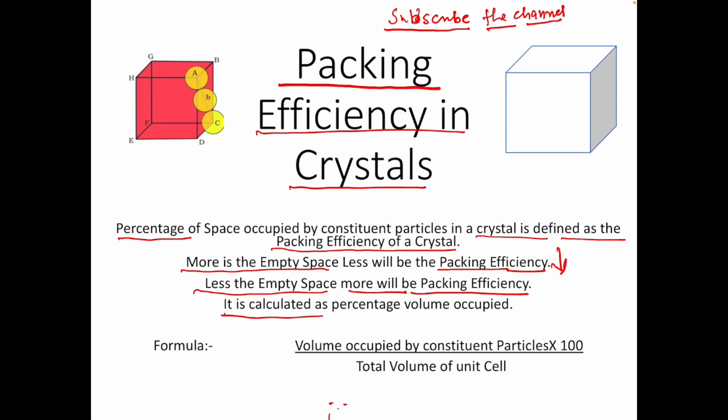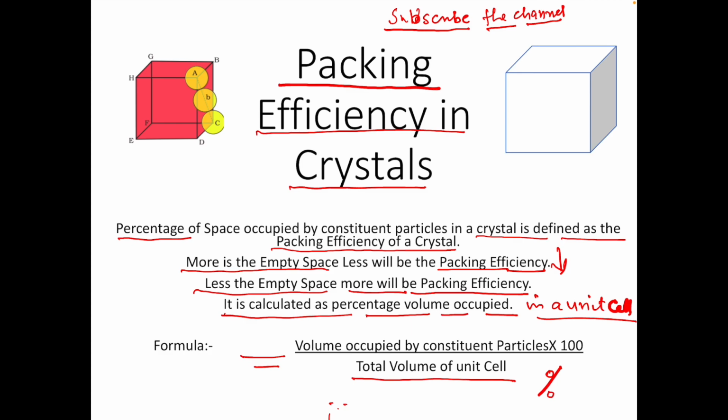So it is calculated as percentage volume occupied in a unit cell, and its formula is volume occupied by the constituent particles divided by total volume of the unit cell, into 100, and it is calculated as a percentage.